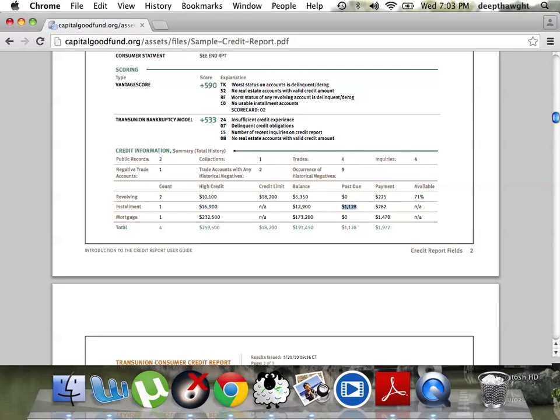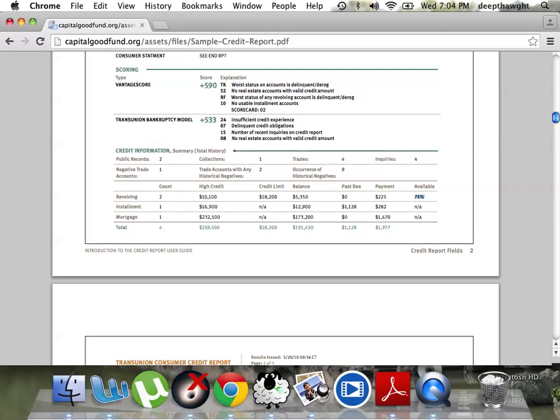But here in this section, you see that they're past due $1,128, and they only make a monthly payment of $282. Are you following me? So basically, with all credit reports, for the most part, you've got the high credit, the credit limit, the balance, the payment, and the available percentage of the balance.